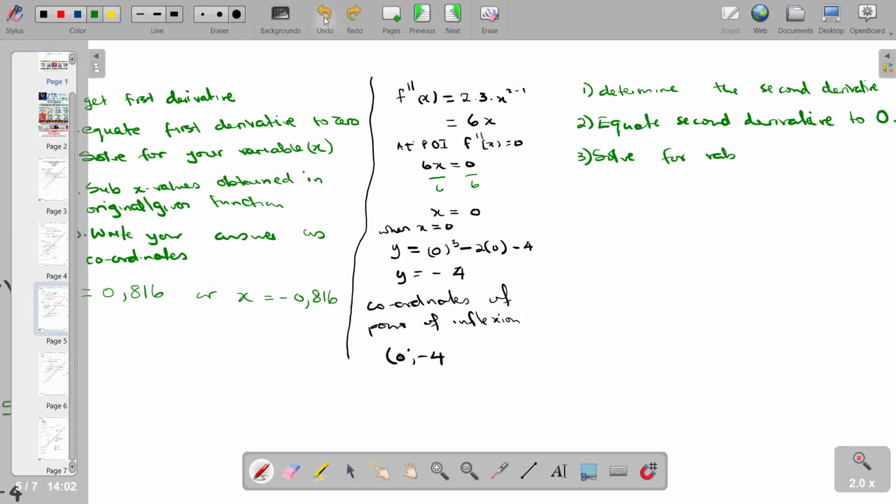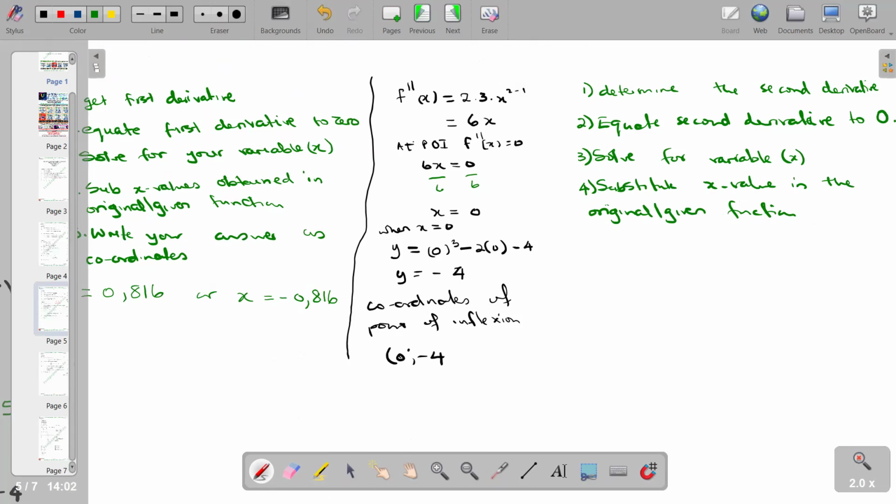Number three, solve for the variable. In this case, it was our x. When you get the x value, substitute the x value obtained in the original or the given function.